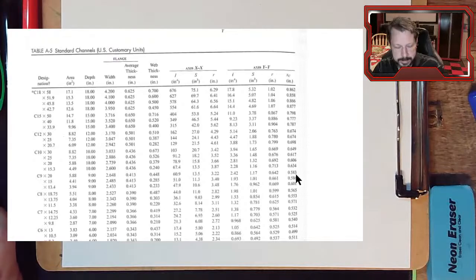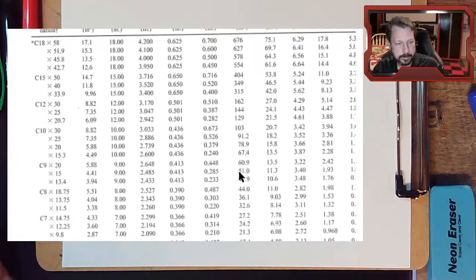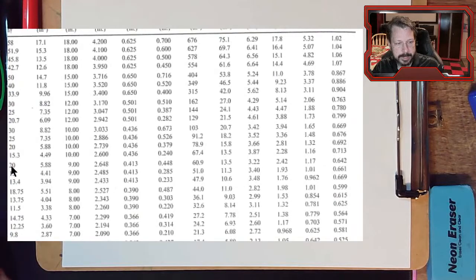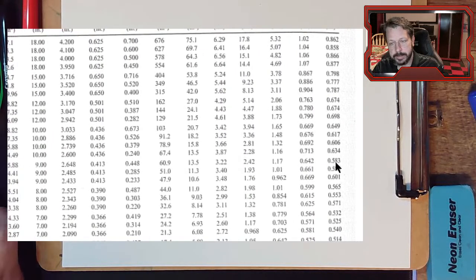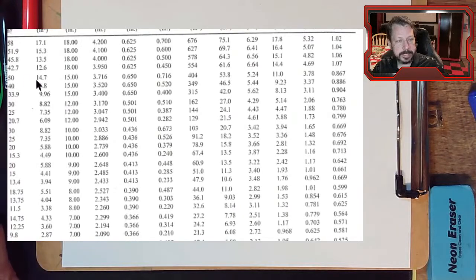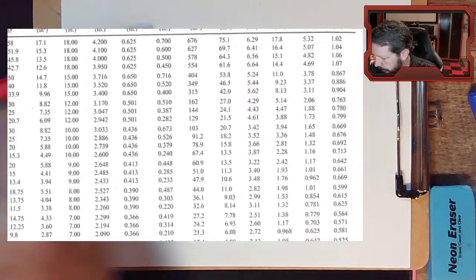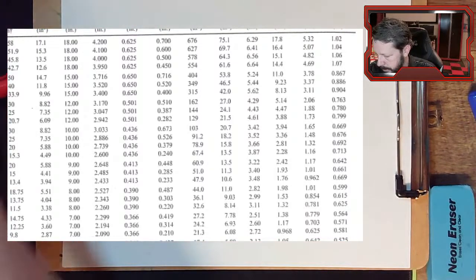I don't know if you can see those numbers, but there's the C9 by 20, there's its area, 5.88, and over here off the screen is its 0.583. Each row is a different size beam, and they have different names. We'll talk about the names in a second. We just need this information right now.